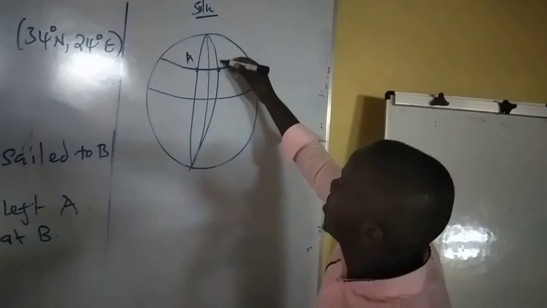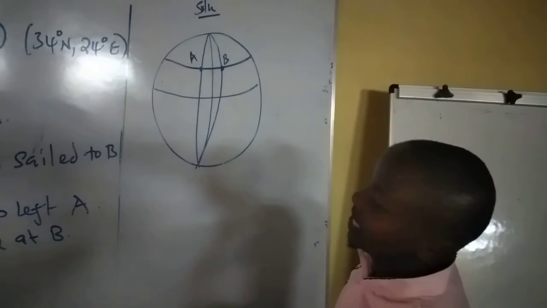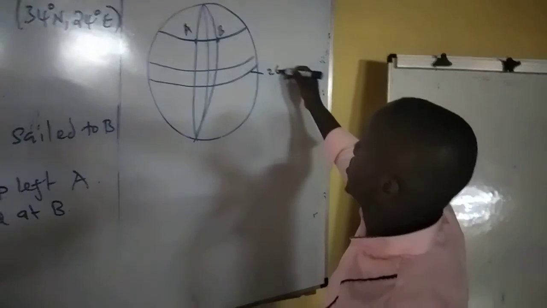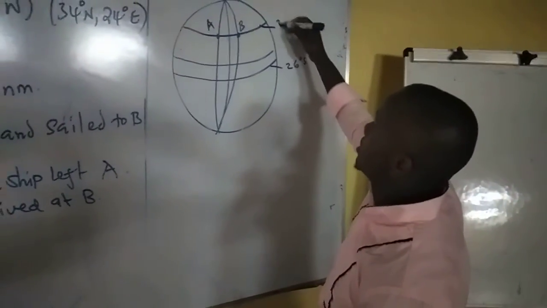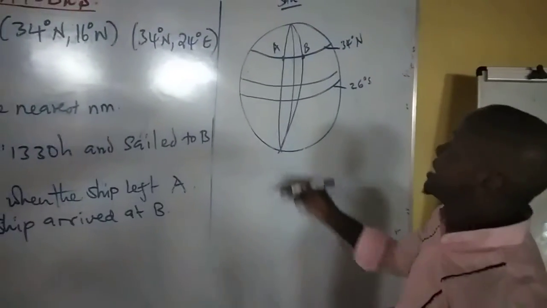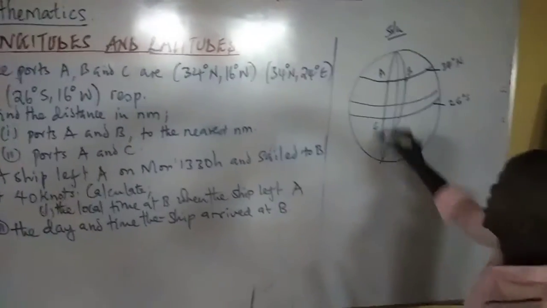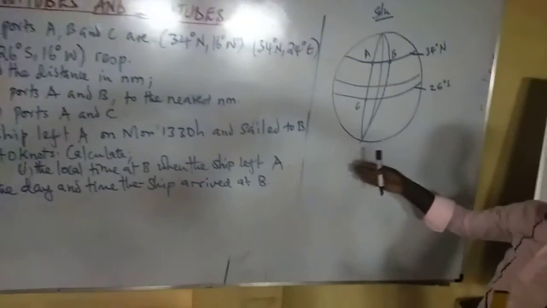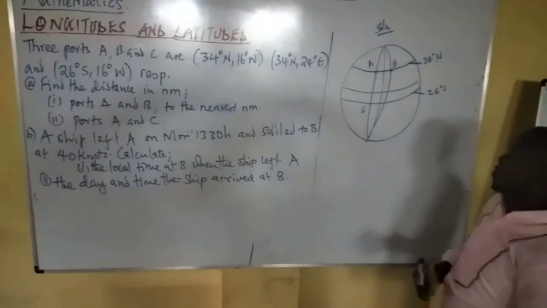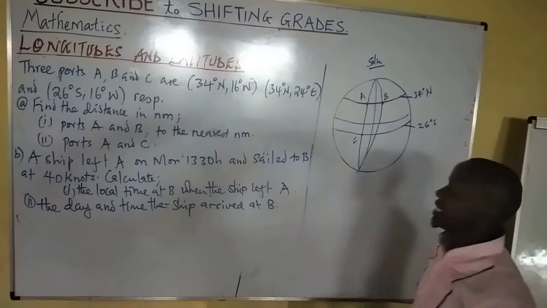Then port C is 26 in the south, so C is on the other side, 26 south and 16 west. Therefore C is on the same longitude as A, but A is on the same latitude as B. That's how the 3 places appear on the Earth's surface.